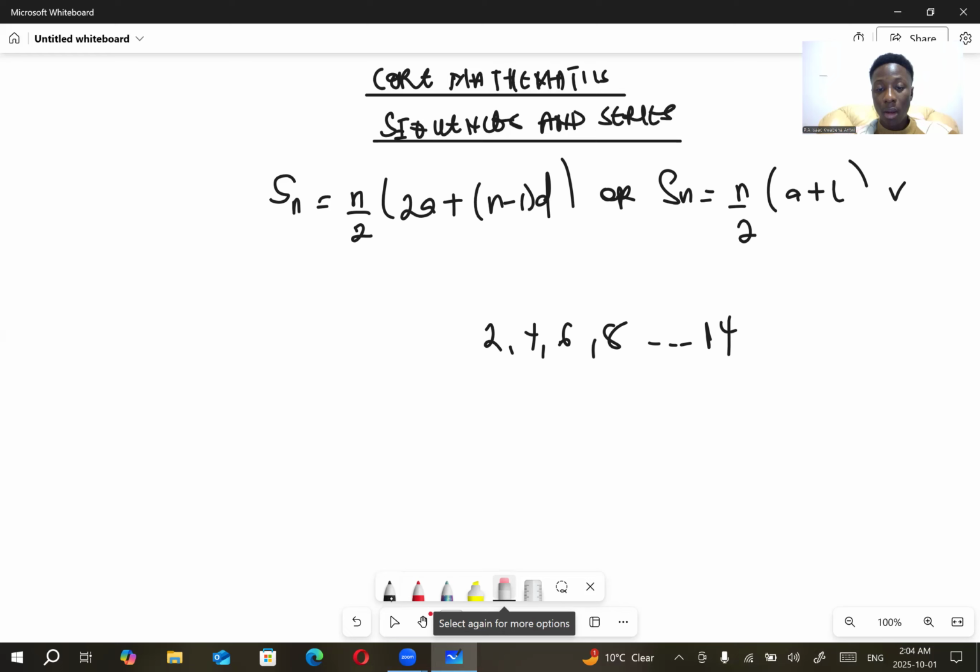If you use it properly, you will get the same 12. If I can do it with my head, why the formula? It's there so that for questions where the sequence is long, you can use the formula. So let's start.